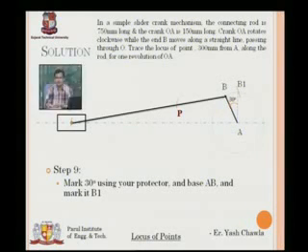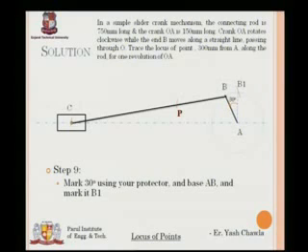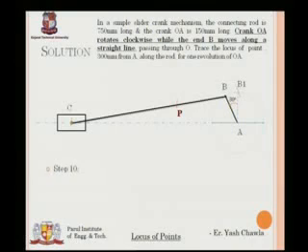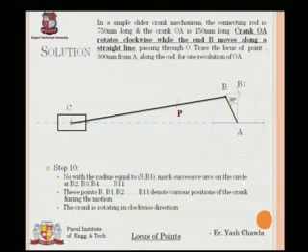The easiest way is to put the pointed end of the compass at B. Measure the distance of B1 and then start cutting successive arcs on the circle like this.